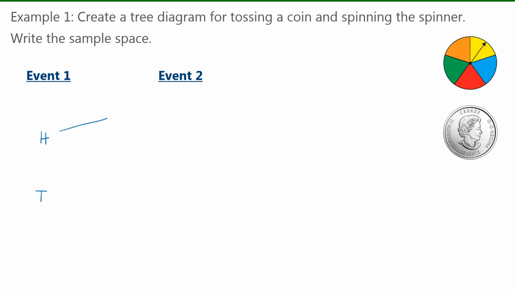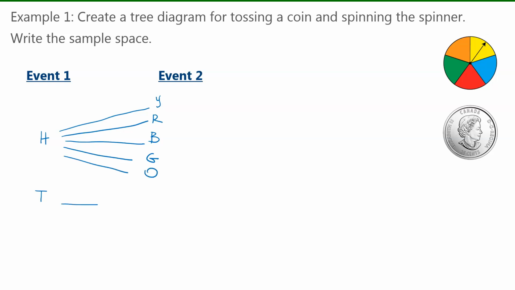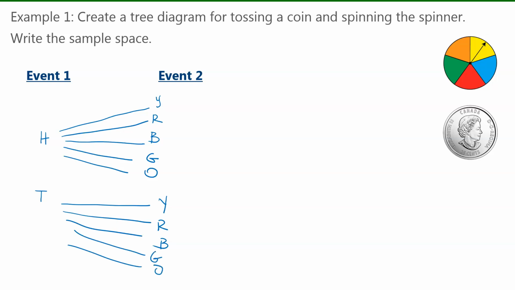So from heads, I could get yellow, red, blue, green, or orange. And then from tails, I could also get yellow, red, blue, green, or orange.